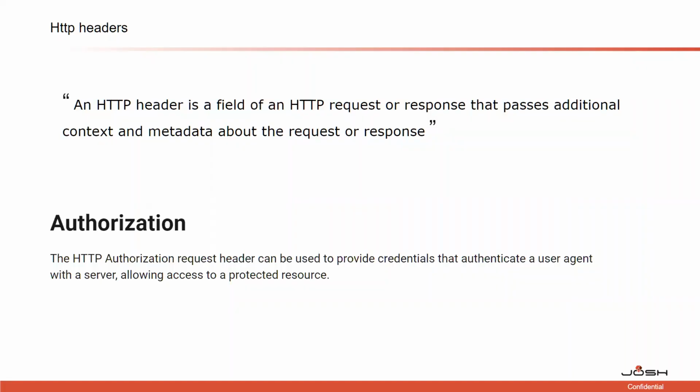The HTTP Authorization request header can be used to provide credentials that authenticate a user agent with a server, allowing access to a protected resource. Well, let's see this in action. We are going to send an authorization as a header, and use it as a credential.